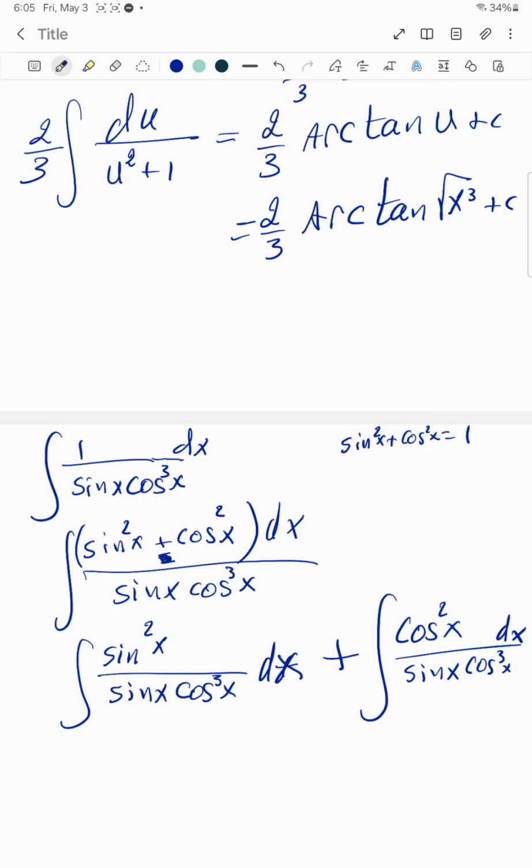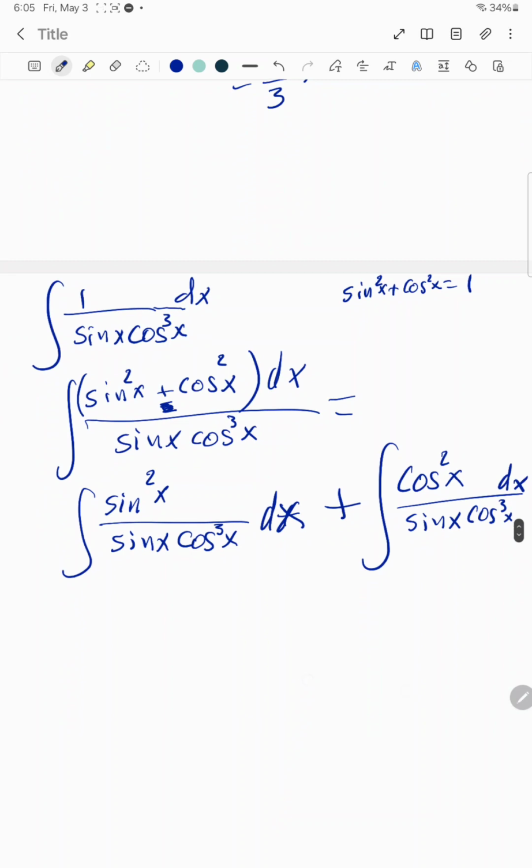Now I will take the integral of sine square of x divided by sine x cosine cubic of x dx, and I will solve it by itself. I can simplify sine x here and the square from the top.